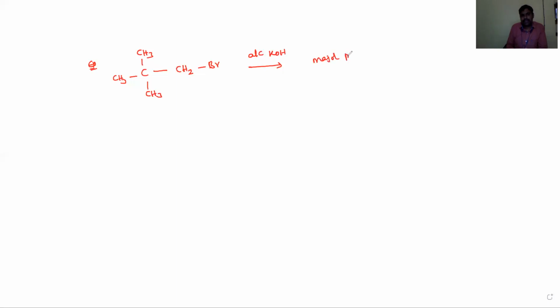And how many products will form is also important. In this kind of reaction, first it undergoes heterolytic cleavage with loss of Br minus and produces a primary carbocation intermediate.